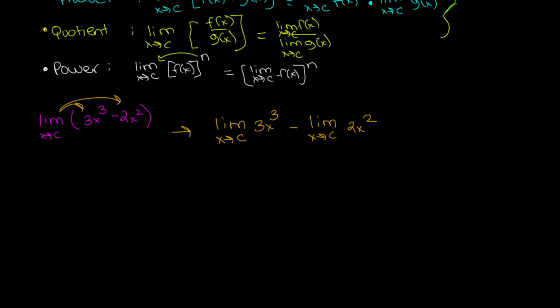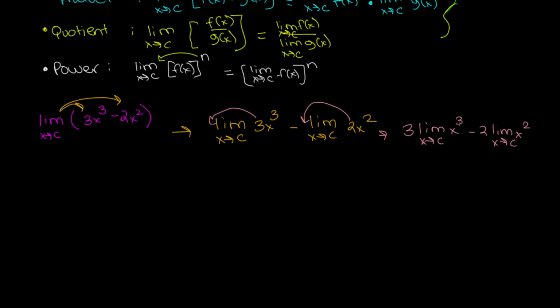And now we can use the scalar property and move these 2 coefficients out to the front. So we get 3 times the limit of x cubed minus 2 times the limit of x squared.